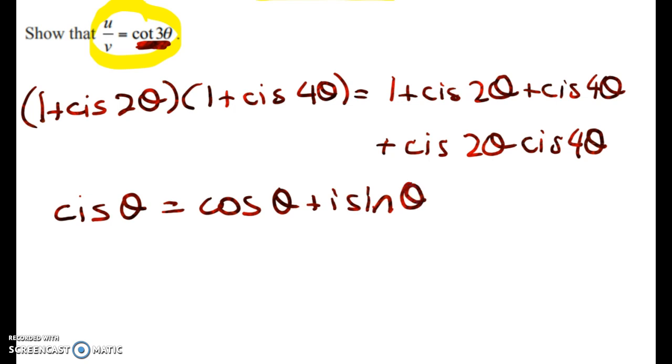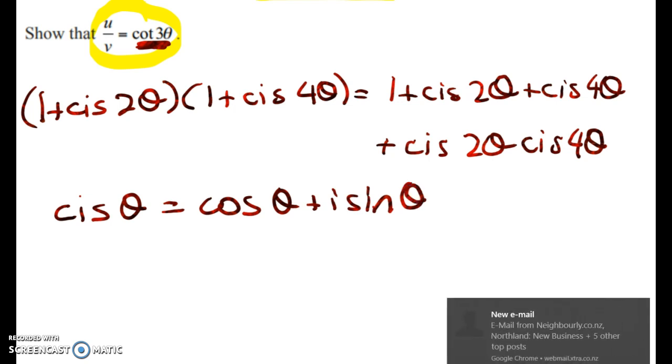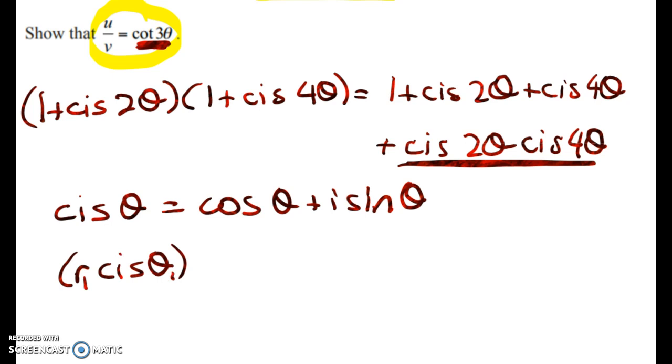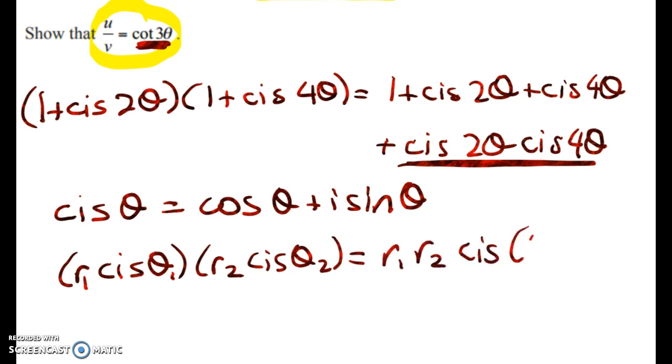And we've got some really convenient rules that let me work easily with multiplication in polar form. And the main rule is this one, that R1 cis theta 1 times R2 cis theta 2 is equal to R1 R2 cis theta 1 plus theta 2.